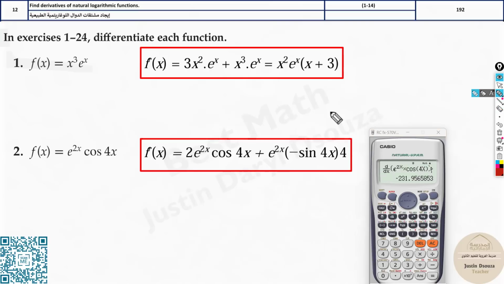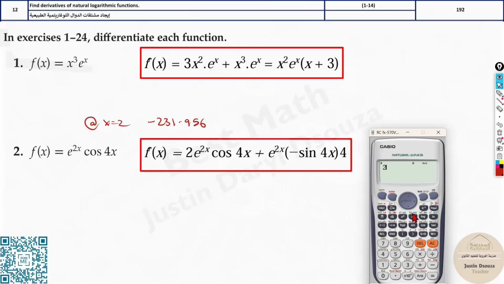What is the answer? So for the derivative of this question at x equals 2, what do we get? Minus 231.956. That's enough. No need of rounding off, because this is not accurate. We're just trying to select the correct answer. Now you have to put all the options in.